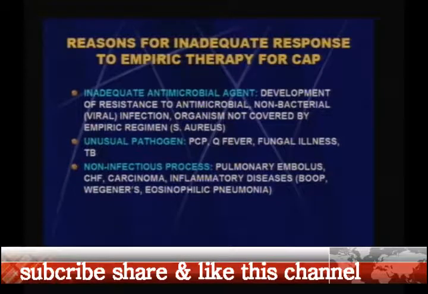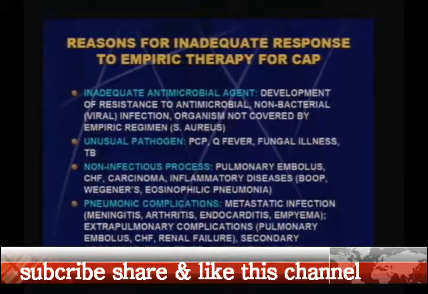The patient may be having significant non-infectious processes in the form of congestive heart failure, pulmonary embolus, or other complicating factors which may interfere with the resolution of the disease.